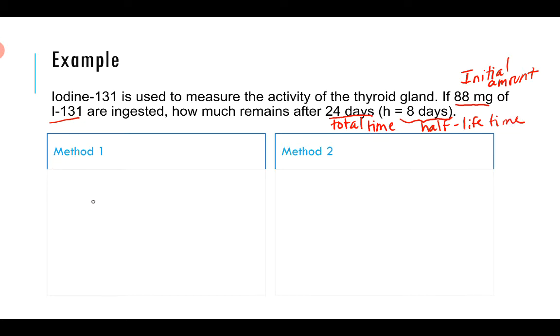And so my first method, I'm going to map this out more conceptually. I start initially with 88 milligrams. After one half-life, which is 8 days, I'm going to write total days down here.